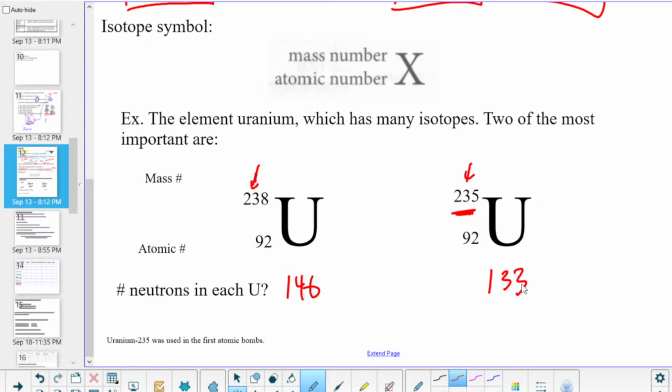I think you might want to re-examine that. It has to be 3 less than this one, because 238 to 235, and 235 minus roughly 92. Yeah, you got that. 143. There you go.